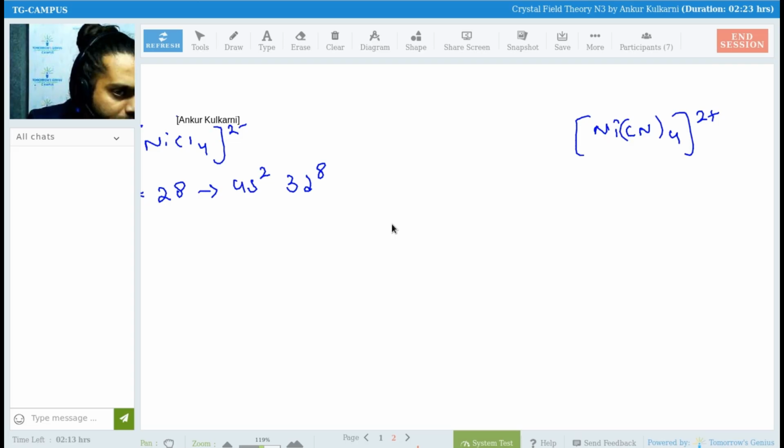Tell me what will be the oxidation state of nickel? Come on, calculate the oxidation state of nickel.